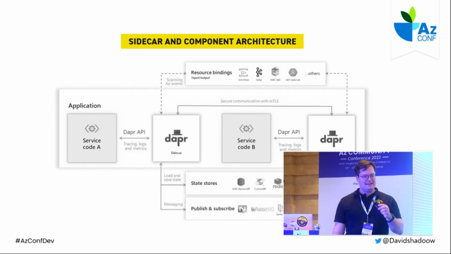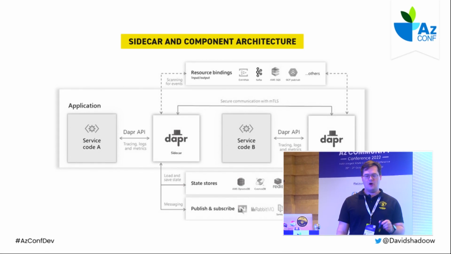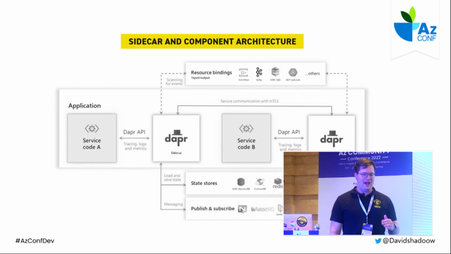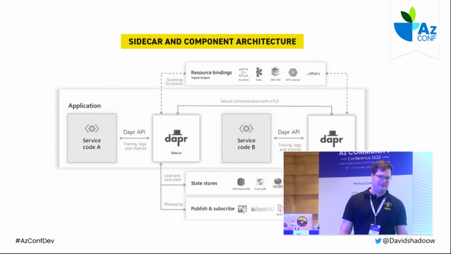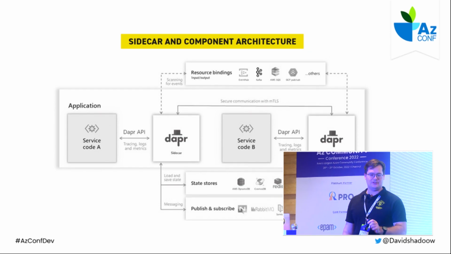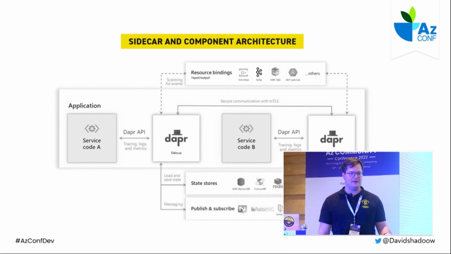And each service or each container that you will have has its own DAPR sidecar container, which will do everything you invoke the DAPR API for. So if you do a call from your application to DAPR, get me this state or get me this secret, the DAPR sidecar for that application will go and load the state from the state store you configured in the component.